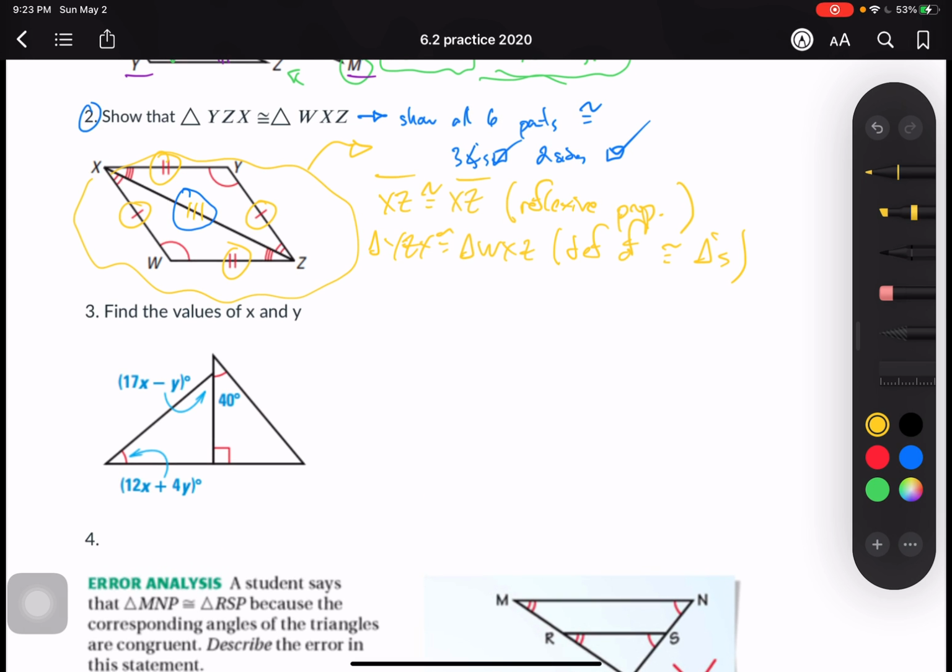Okay, here we're going to find the values of x and y. We're going to first invoke the third angles theorem. What do I mean by that? Well, this angle here is 90, which means that this angle here must be, you guessed it, 90 as well, because they are supplementary, linear pair, and adjacent. That's what linear pair is, right?